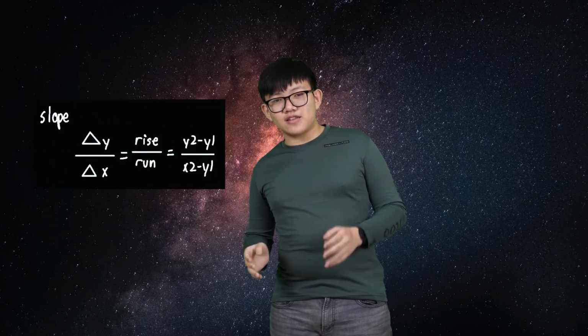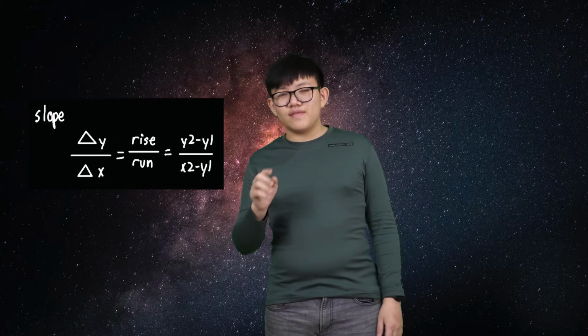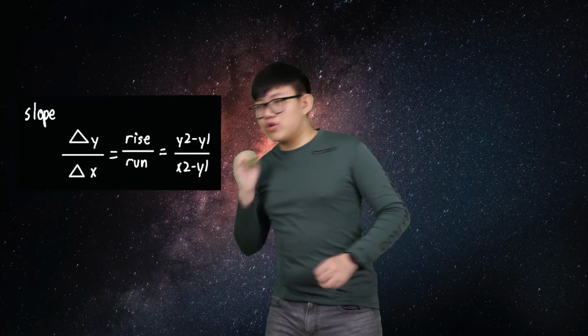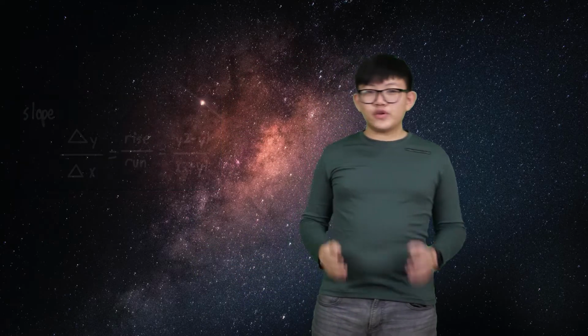A graph or a line follows the slope. The slope can be found through delta y over delta x, which is rise over run. To map a linear graph, you just plug in 0 for x and y, and then find the value, which is the x and y intercept.